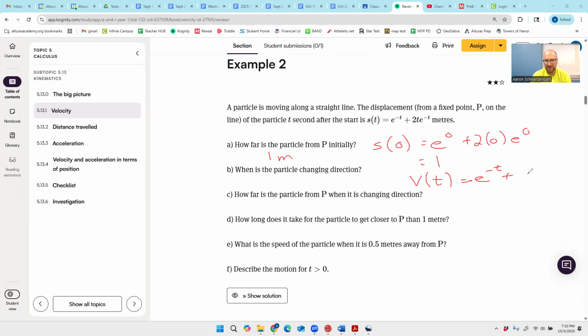Plus, I've now got to use a product rule. The derivative of 2t is 2, times e to the negative t, plus 2t times the derivative of e to the negative t, which is negative e to the negative t. So my plus changes to a minus.